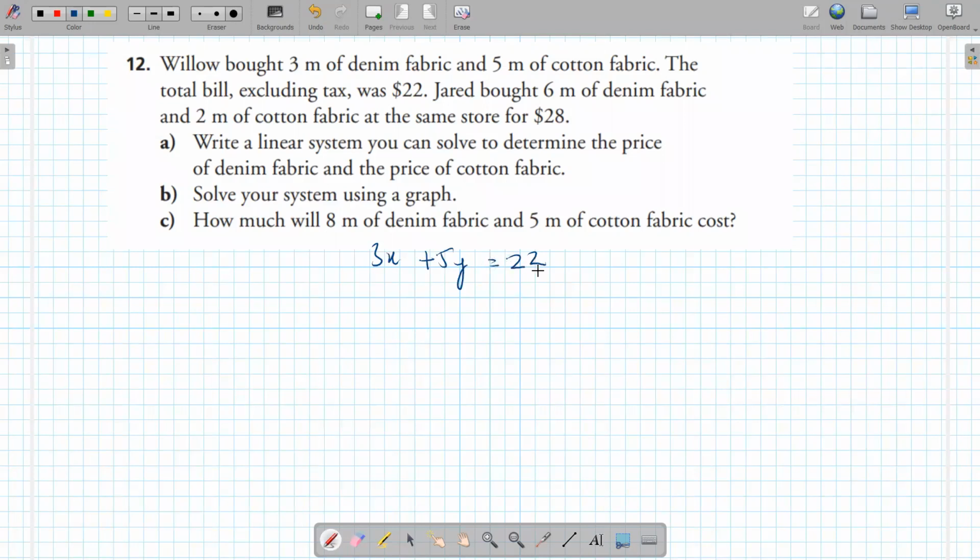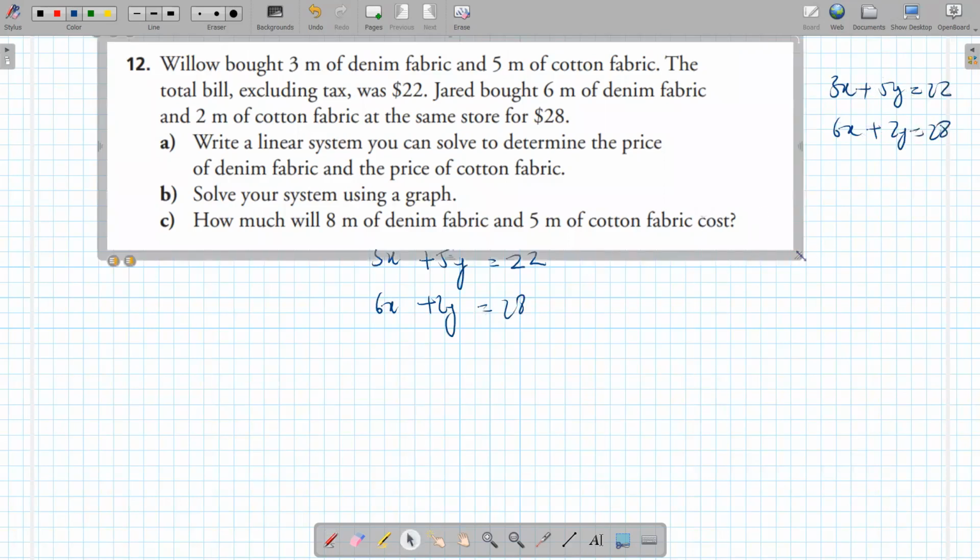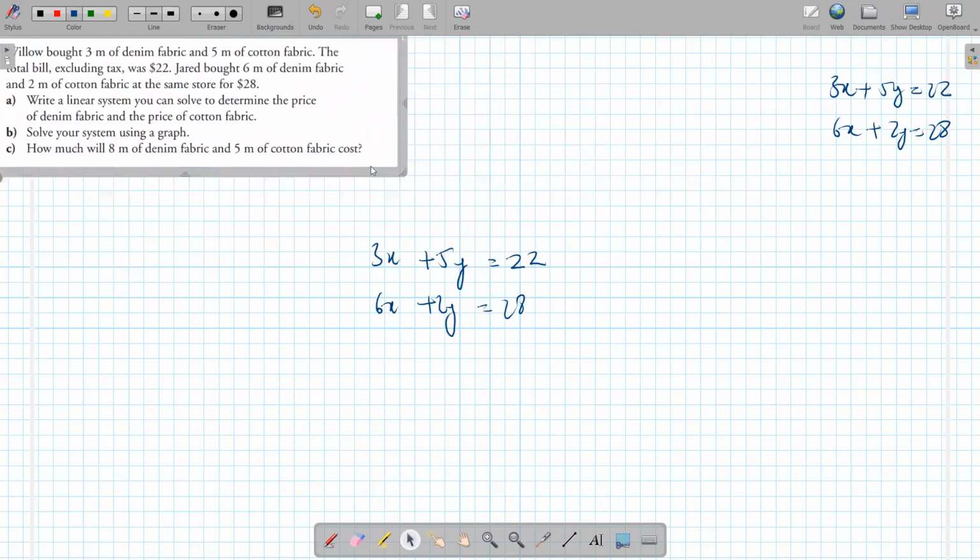What's the second equation? 6x plus 2y equals 28. Yes, 6x plus 2y equals 28. Actually, we're going to graph this, so let me just put it up here. Okay, so how do you go about graphing these guys?